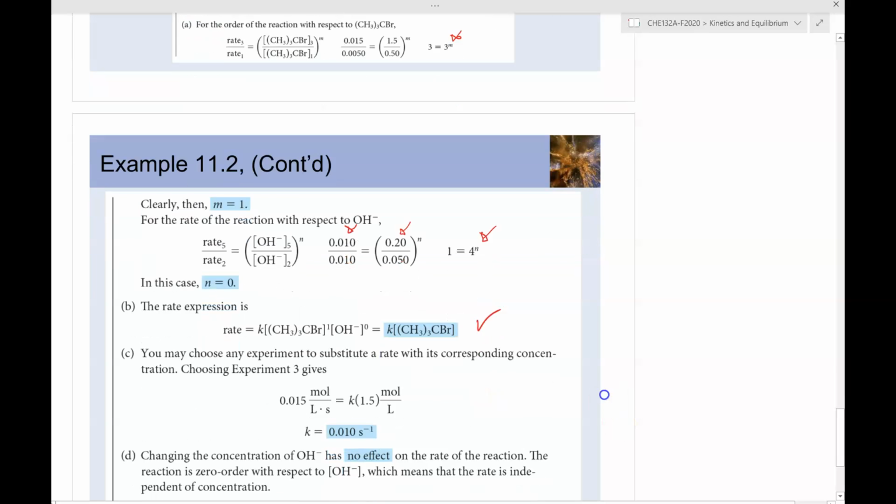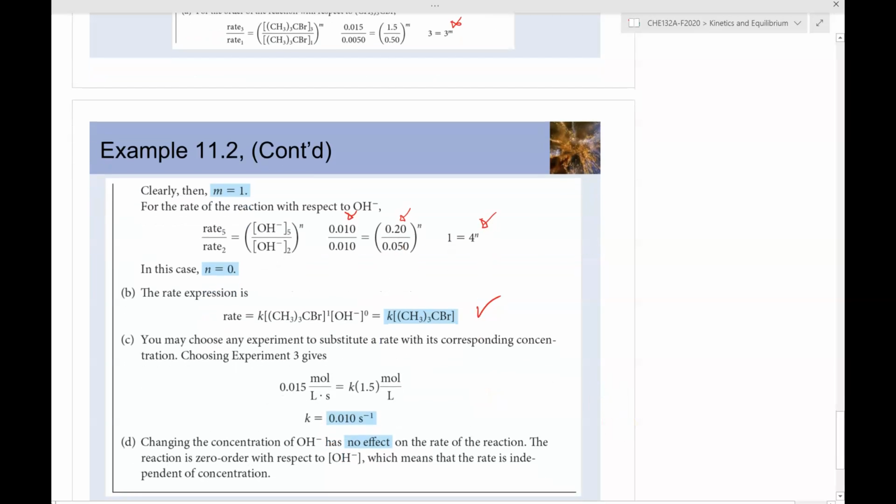To get our K value, we take that equation, and we say that K is rate over the concentration of T-butyl bromide, so (CH3)3CBr, and plug those values in. So they used experiment 3. Let's just see what we get if we use experiment 5.